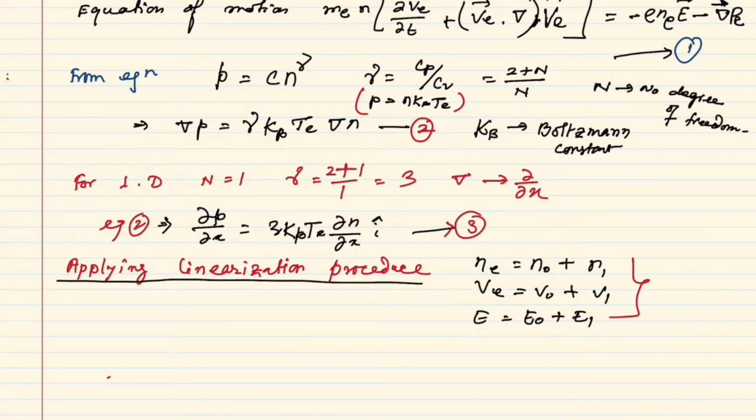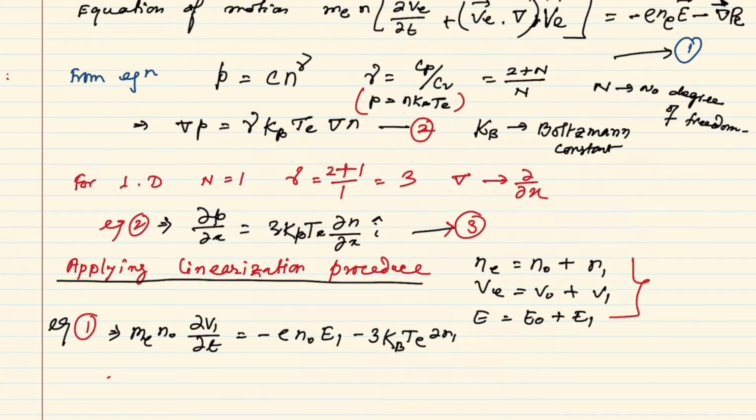Then this equation number 1 is now ME n naught del V1 by del T is equal to E minus E n naught capital E1 minus this term, obtained from equation number 3 using 3 in 1. We have obtained this del x. This is equation number 4.